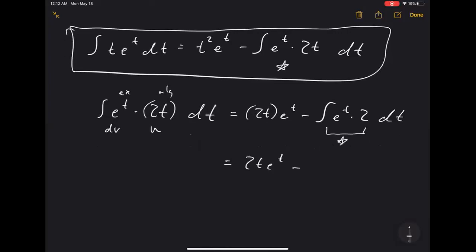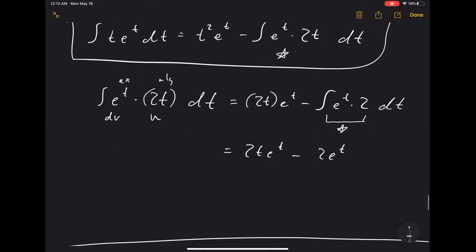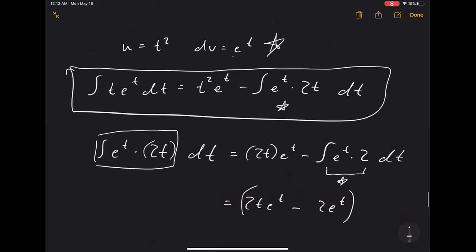This integral here is 2e to the t. All right. Now, this stuff is the integral of this. All right. And this came from here.